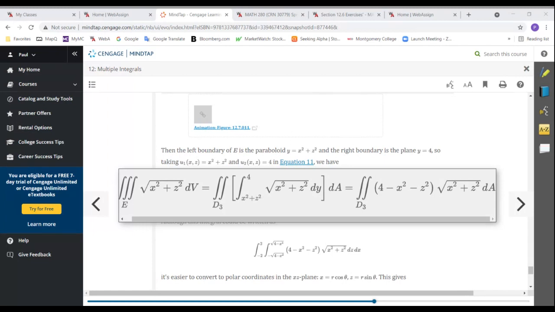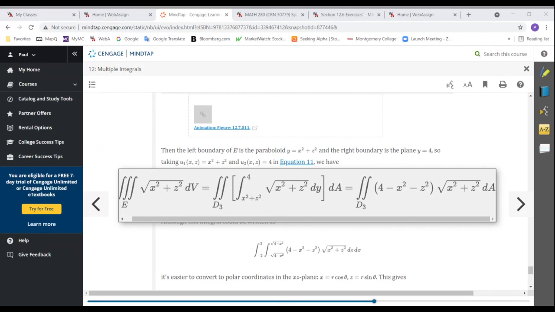All right, well now we got to decide about our region D. They denote it as D sub 3 because the solid E is being treated as a type 3 solid region.